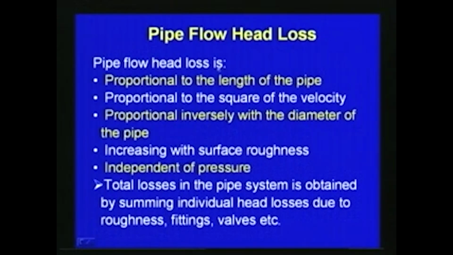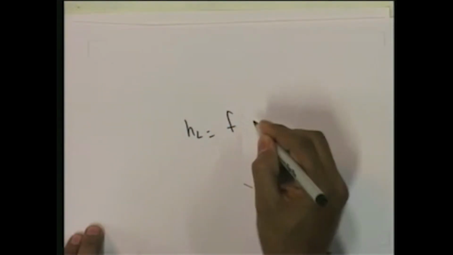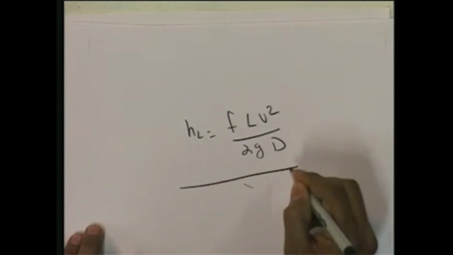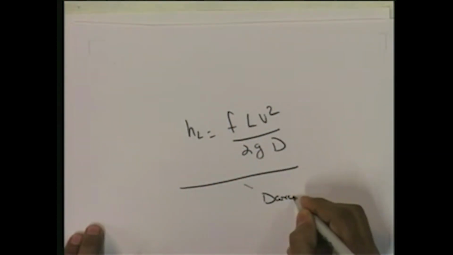Finally, as far as pipe losses are concerned, as we discussed with respect to the Darcy-Weisbach equation, the equation which we discussed here is HL, the head loss, equal to FL V square by 2GD. So this is the Darcy-Weisbach equation.